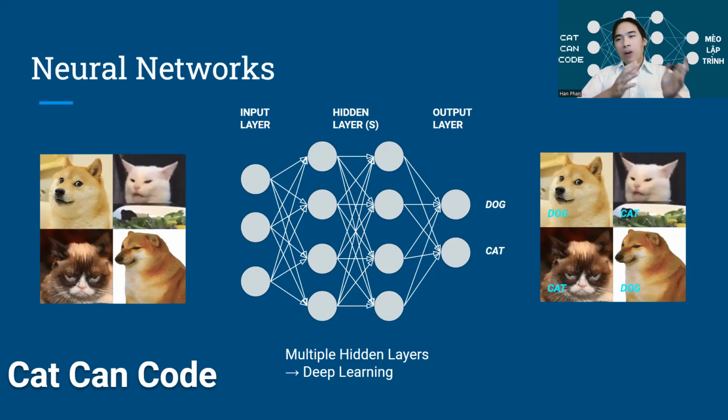If you look at the pictures of the cats and dogs that I have over here for the input layer, you can see that each of the images comprises multiple image pixels. Each of the pixels carries a value identifying the color of that pixel.